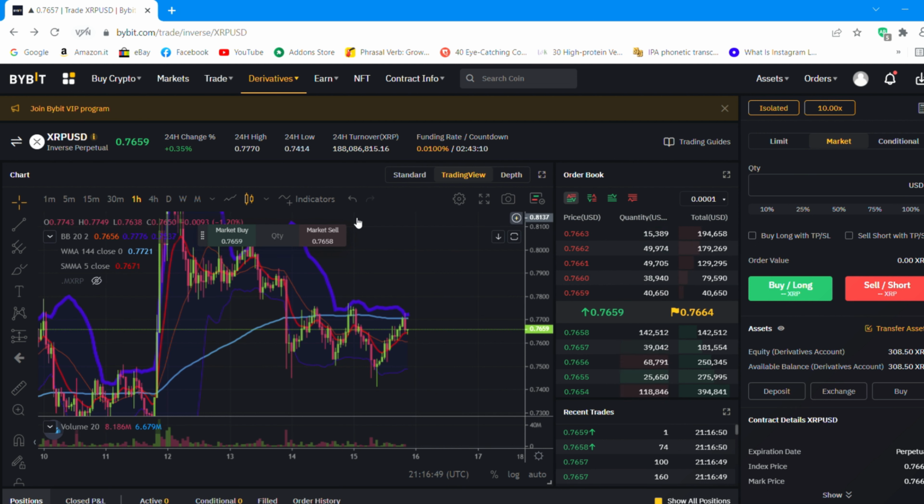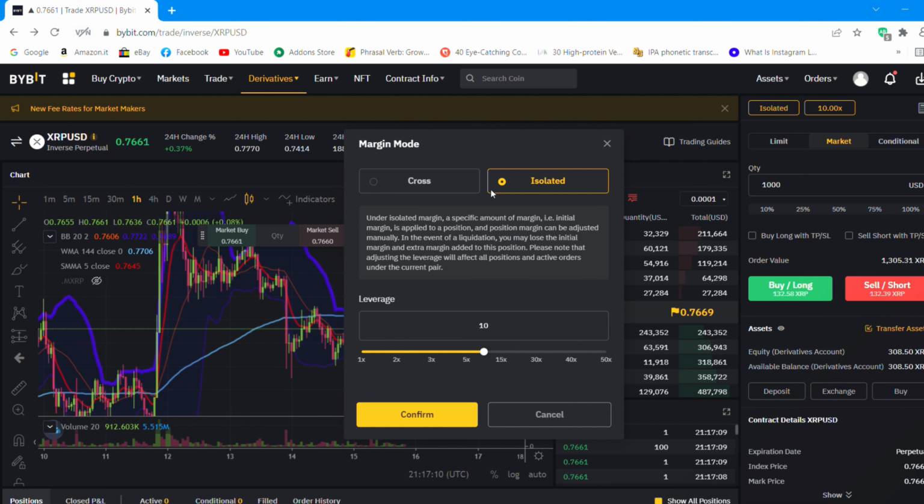Now, because I'm doing inverse perpetual, you see I'm buying dollars. So I'm using XRP to buy dollars. Let's say I'm going in $1,000. I want to buy $1,000 at 10x. I always use isolated. Neil was asking me if I use cross. Never cross margin. Never.